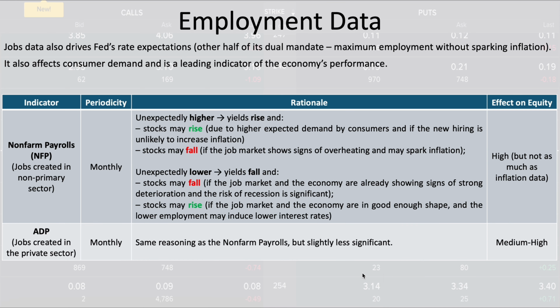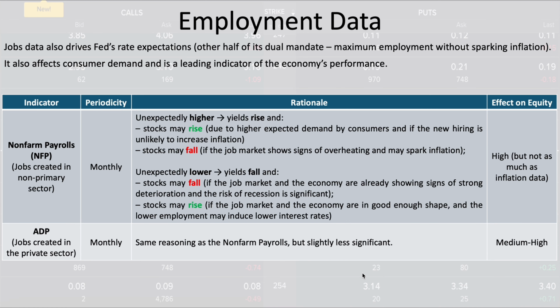But they may rise on the flip side, because if the job market is still in good shape and the economy is humming along, the lower employment may spark a decision by the Fed to lower interest rates, and so stocks can benefit from that development.